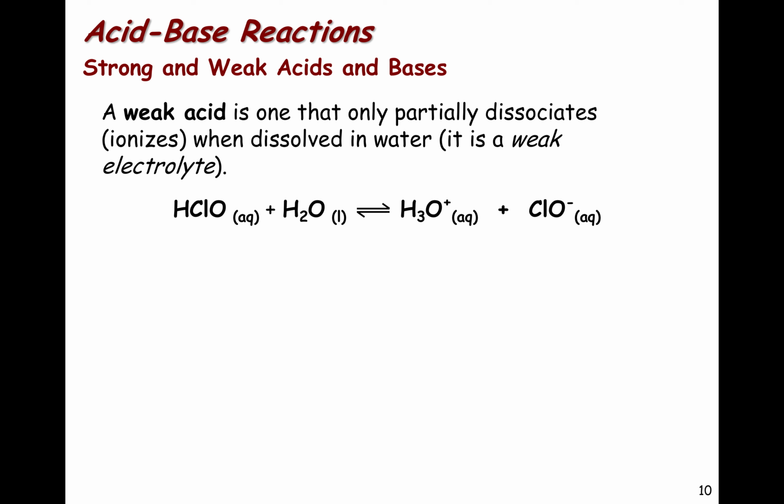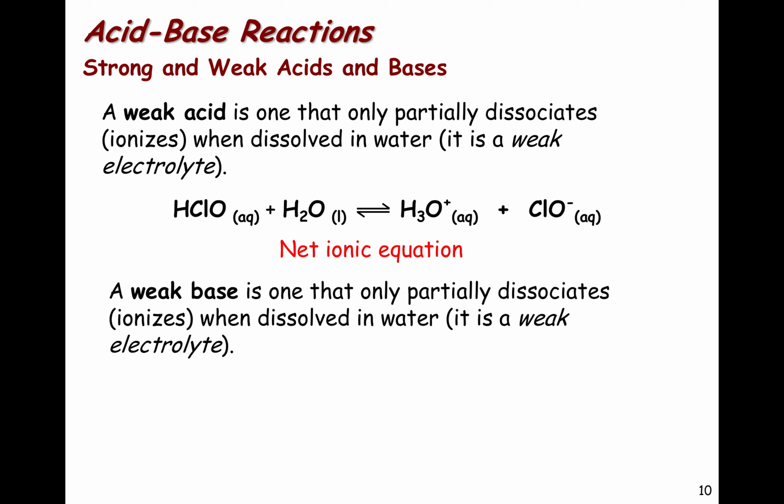You'll notice that this reaction is written with the double-headed arrow because it's an equilibrium. This reaction is known as the net ionic equation for this reaction, and this is a concept that we'll have to explore more in the future.